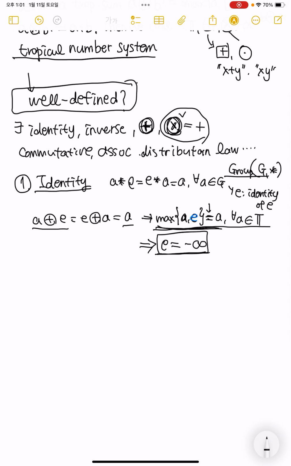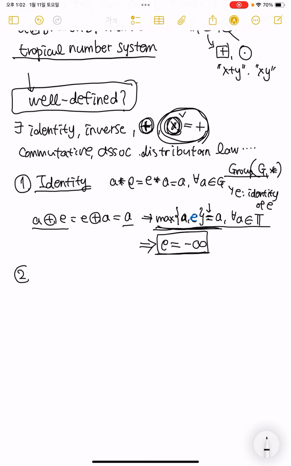So the identity of the tropical number system is minus infinity. Of course, as I said, tropical multiplication is just natural addition, so the identity and inverse element trivially exist.